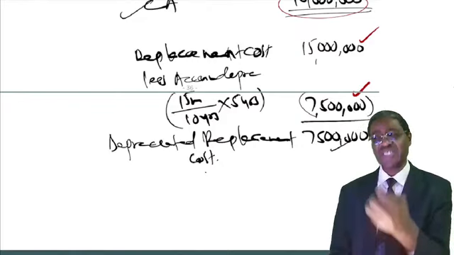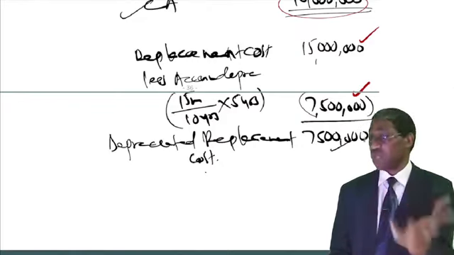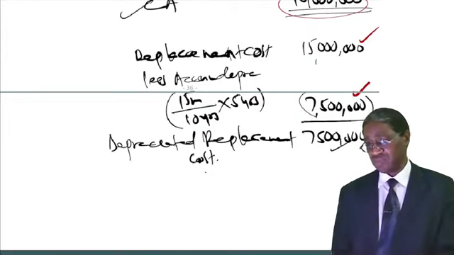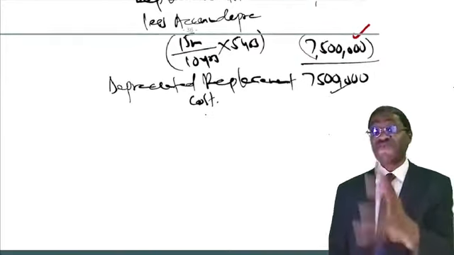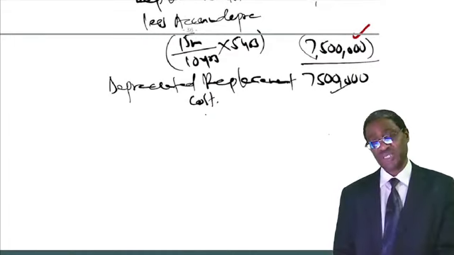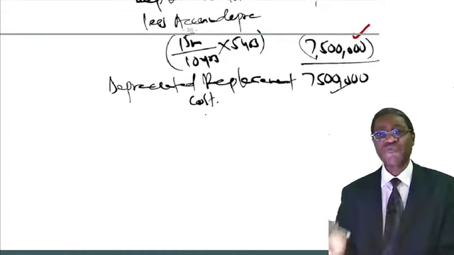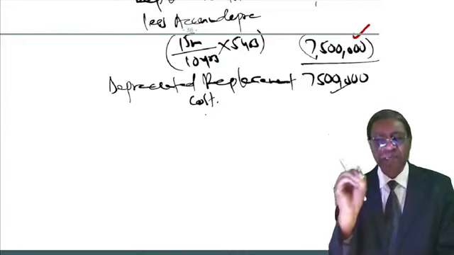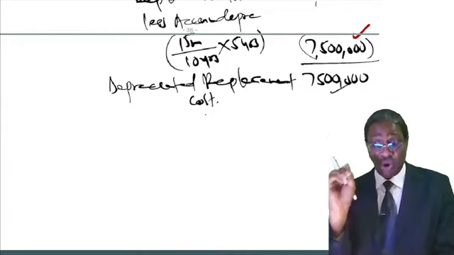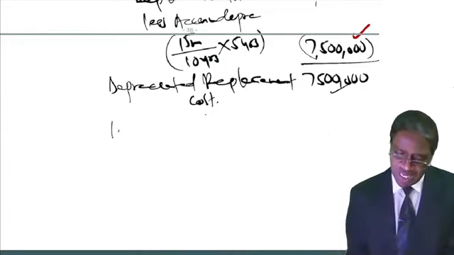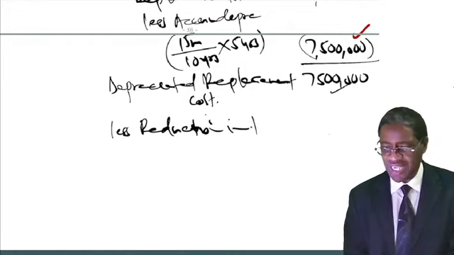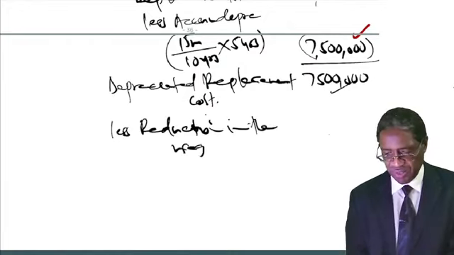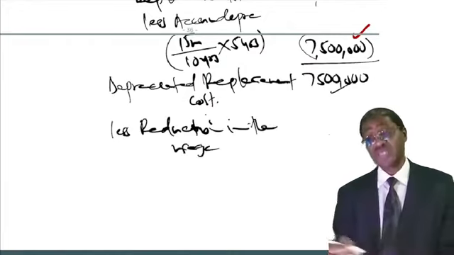The production capacity of this machine had lost 20%. So if you are told that the asset had lost its efficiency by 20%, then from the depreciated replacement cost, you subtract the reduction in the usage or the efficiency of the asset.